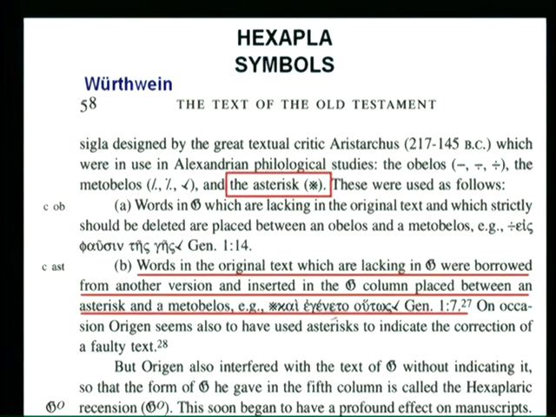But the asterisk signals words that were in the original Hebrew, but were no longer in the Septuagint of Origen's day, and he has then inserted a Greek translation from an existing Greek translation in order to add that back into the Septuagint, to conform it to the Hebrew.